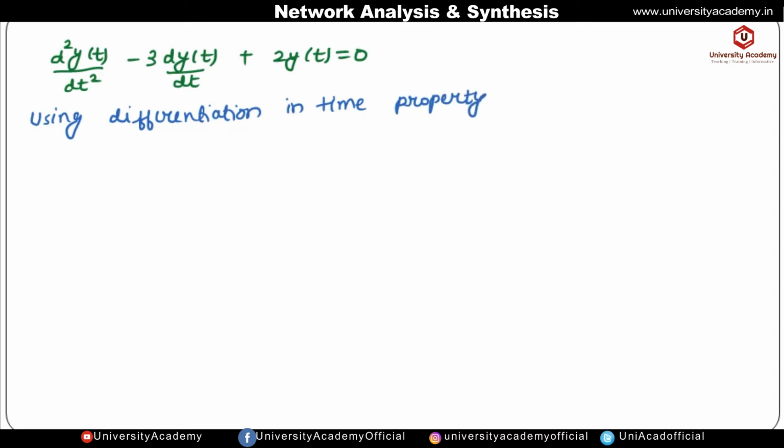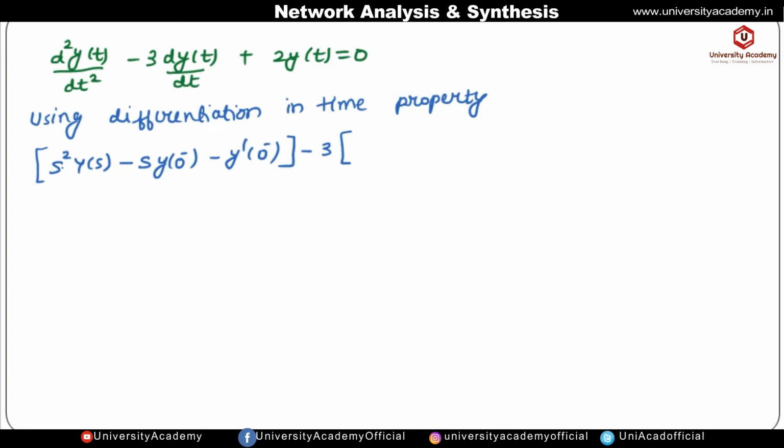Here d square y of t by dt square is a second order derivative, so its Laplace transform will be given by s square, because it is a second derivative, then Y of s, then the power of s will decrease, so s power 1, and initial conditions y of 0 negative, then s power 0 is 1, y dash of 0 negative. Okay, so this is the Laplace transform of d square y of t by dt square, then we have minus 3 and the Laplace transform of dy t by dt.